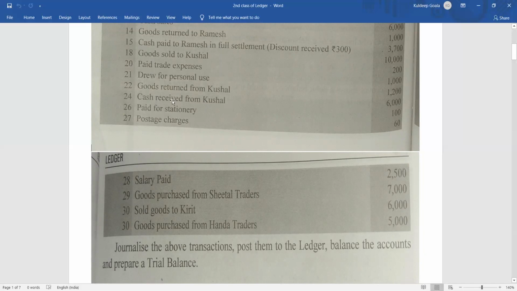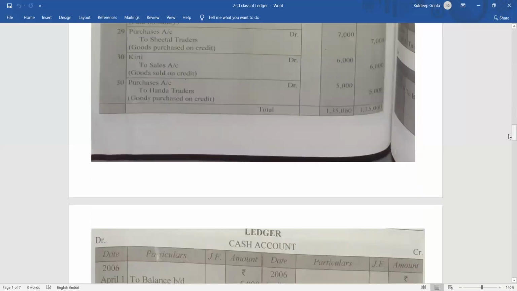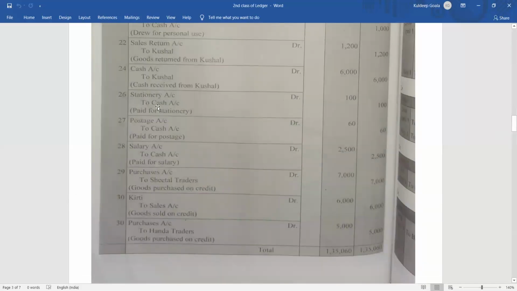Paid for stationery. This too we have to do. Okay, you do it. Paid for stationery, 100 rupees. Stationery account debit to cash, isn't it? Same will be with the postage charges. Stationery account debit 100 to cash. So cash credit side, cash is credited.